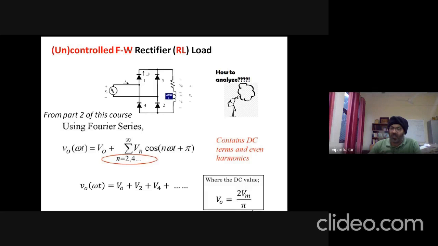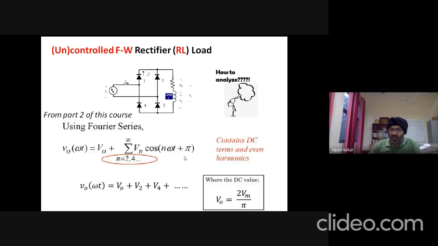And as I explained earlier, we always need to check whether any harmonic content is being superimposed on the DC component or not. So this is what we want, the DC component. But these are the unwanted harmonic content superimposed on the DC value at the output.